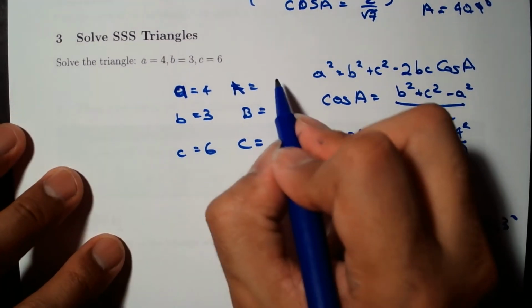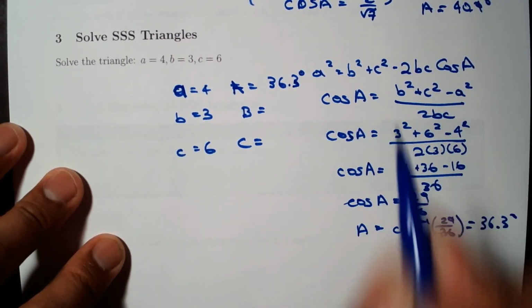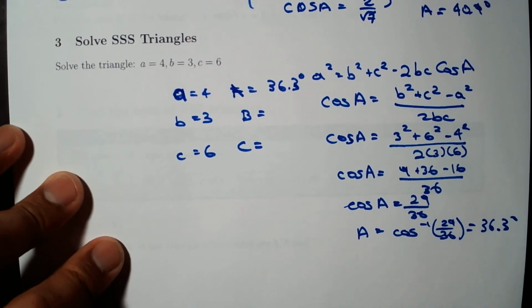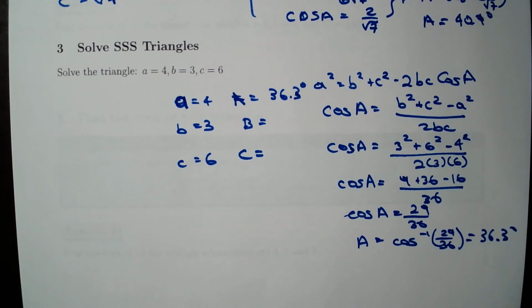So finally we have an angle, 36.3 degrees. And then from here, well, let's see. So B, how are we going to get B?